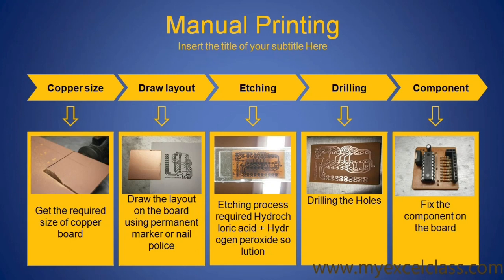This is a simple circuit. For a simple circuit, manual printing is not very complex. But in a complex circuit, where very many components are required for the PCB, obviously you will not use this manual process.